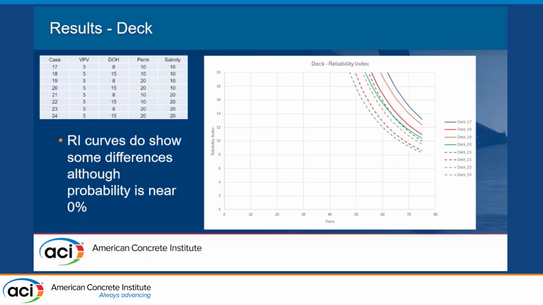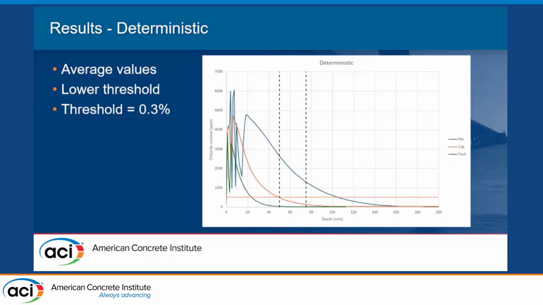And the last one I want to show you is if we consider the deterministic calculations. So these would be, for each case, the average. And that's the profile we get, the predicted profile at 75 years. Here I've drawn a deterministic threshold.